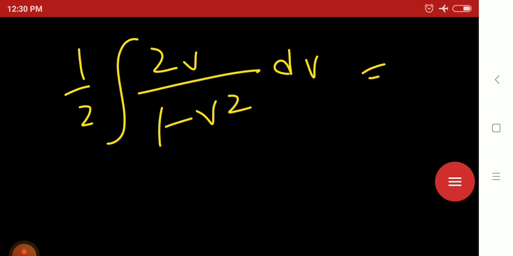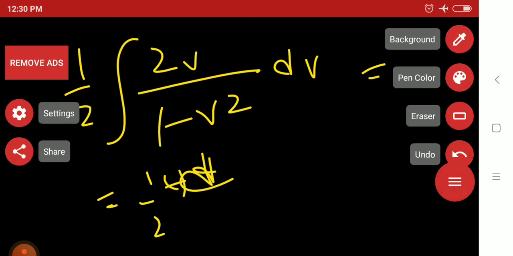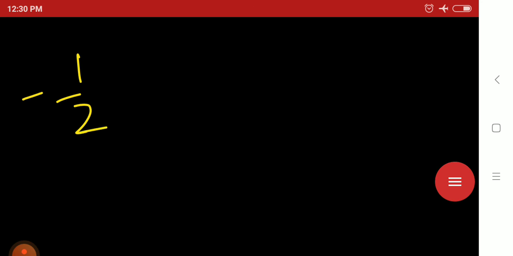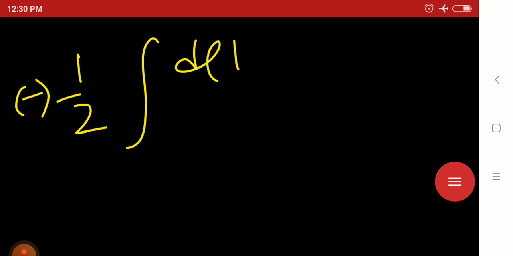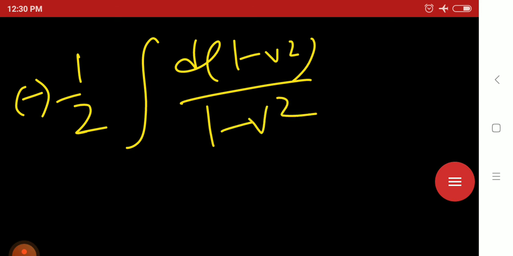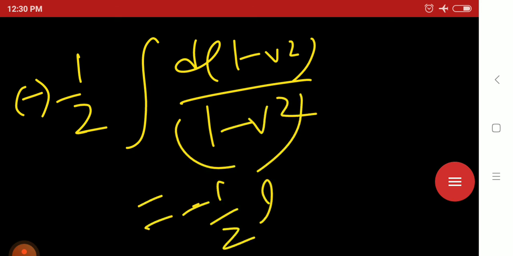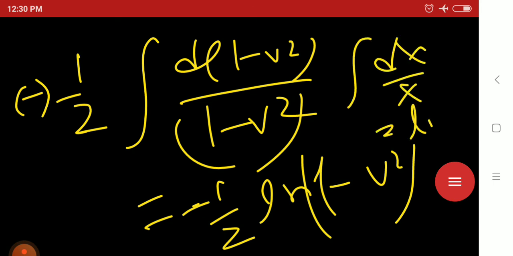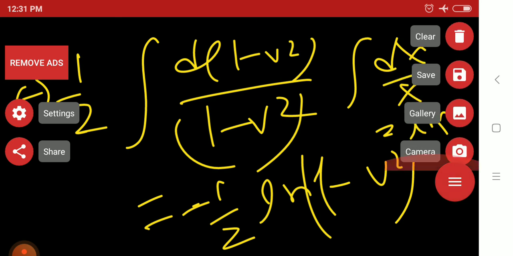This can be integrated by writing it as minus half into integration d of 1 minus v square by 1 minus v square, that is f dash x by f x format. So you will get minus half log of 1 minus v square. And dx by x, you know already, is log x plus c.